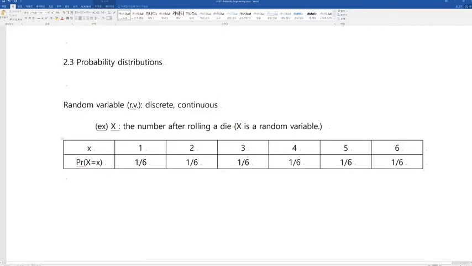In this case, the random variable has a finite number of outcomes which are not continuous. In this case, the random variable X is a discrete random variable. So let me add: discrete random variable.